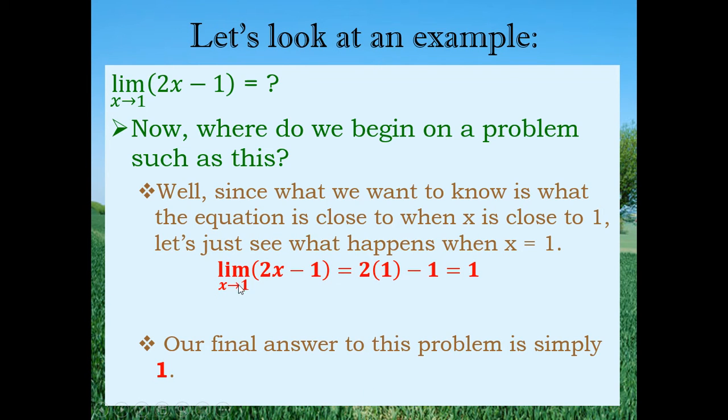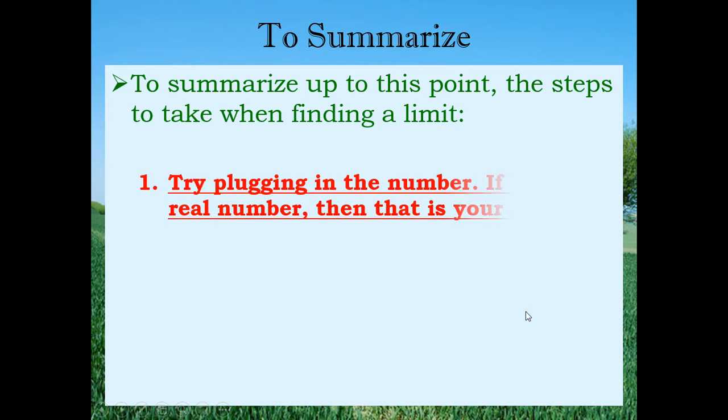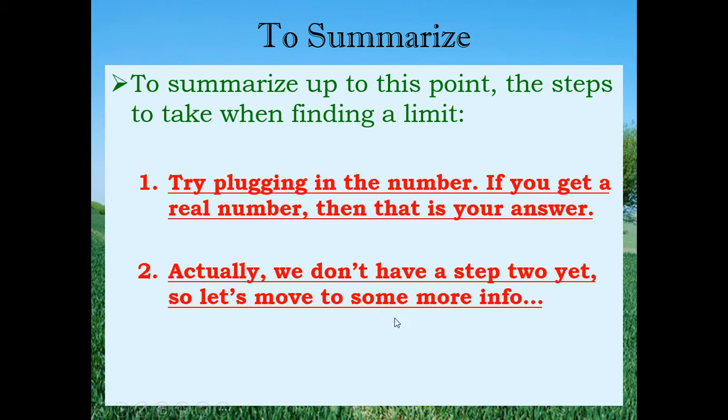So if the function is defined at that point, then that is the value of the limit as well. It gets tricky when the function is not defined at that point, which is what we're going to look at in our next ones here. So to summarize, the steps to take when finding a limit: try plugging in the number. If you get a real number, then that's your answer. Now, we don't have a step 2 yet. That's where we're going to go next.